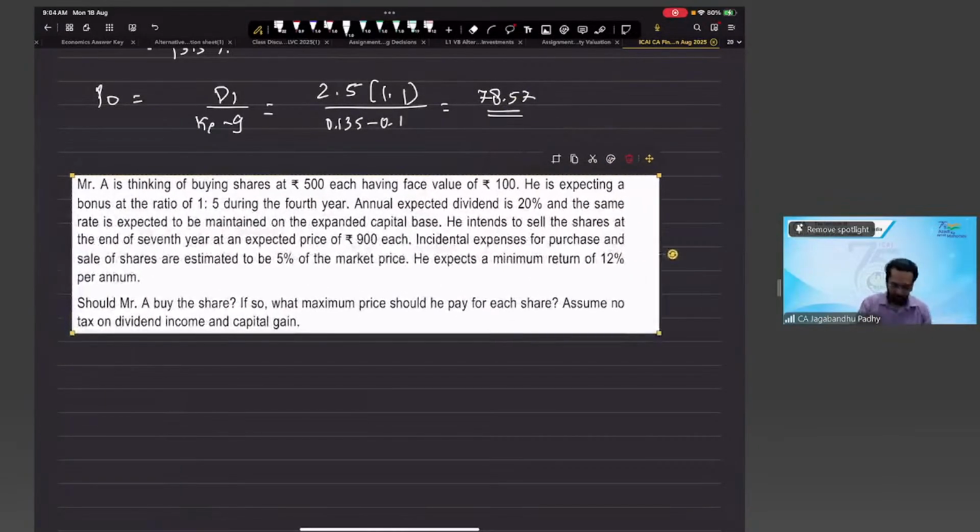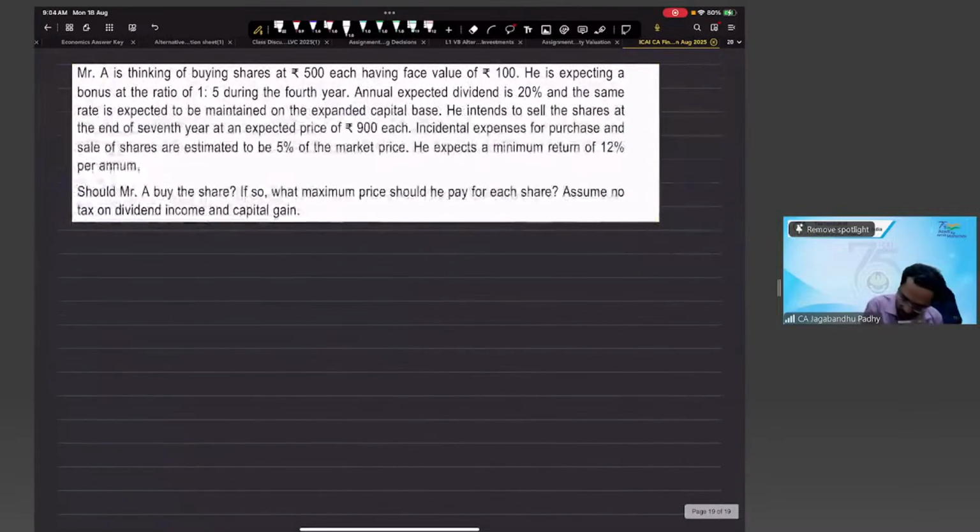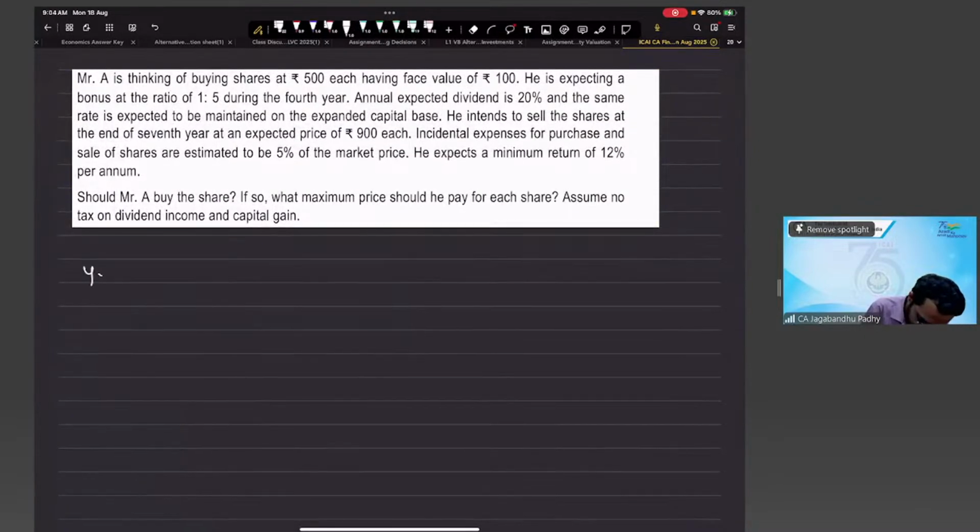Okay, so let's write down the benefits that we are going to get. So here, number of equity shares, right? And then we talk of the dividend, or rather we'll say particulars, and then cash flows.